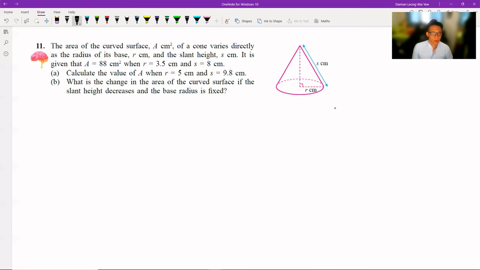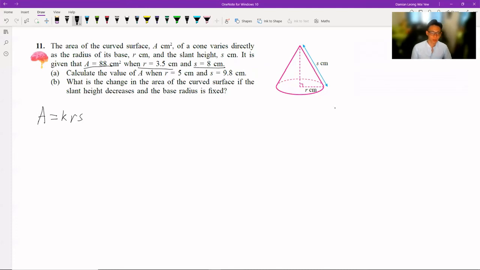So again, area varies directly, so means K times the radius of the base and the slant height, so just rs. It's given A is this when r is this and s is this.